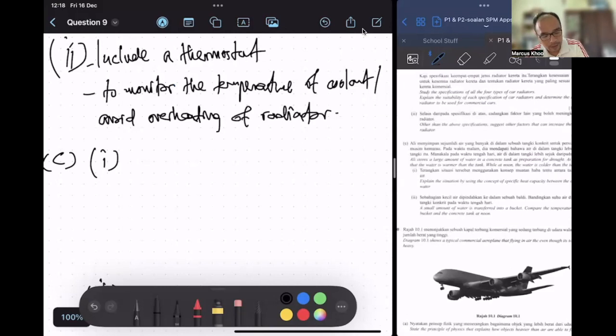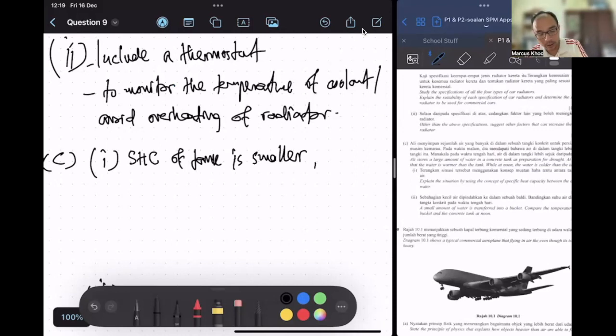The specific heat capacity of the tank is smaller. If the specific heat capacity of the tank is smaller, therefore it is easier to get hotter and also easier to get colder.